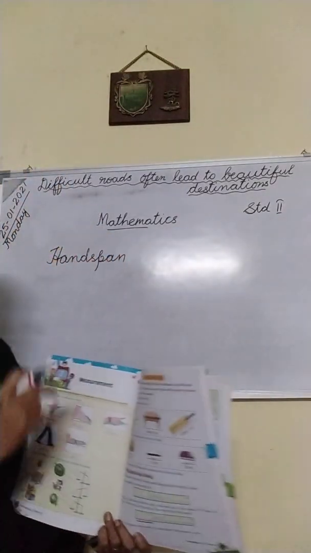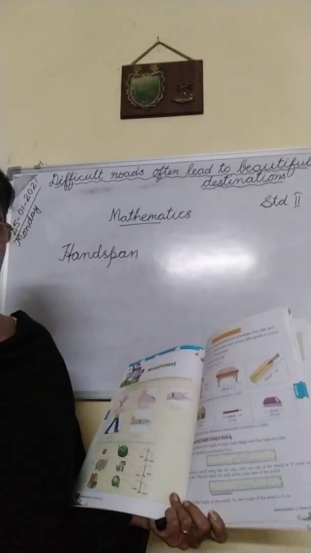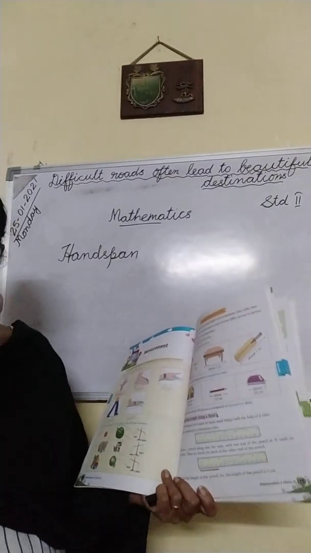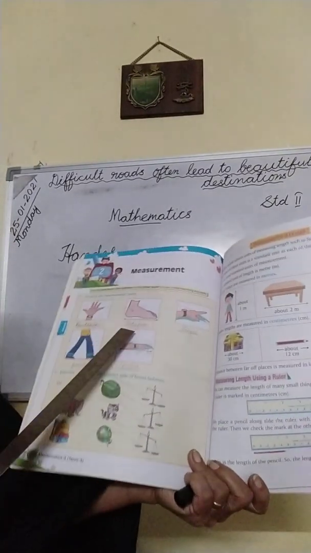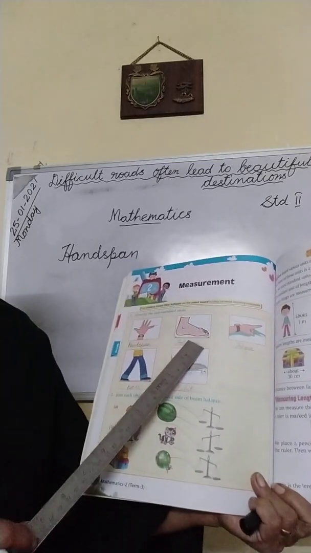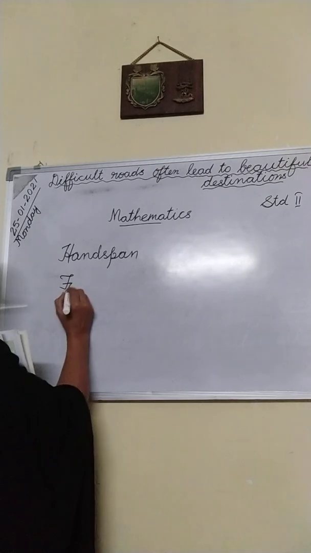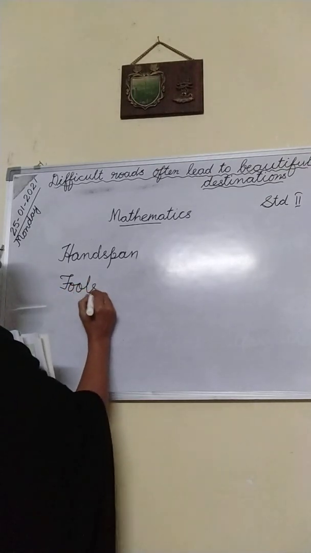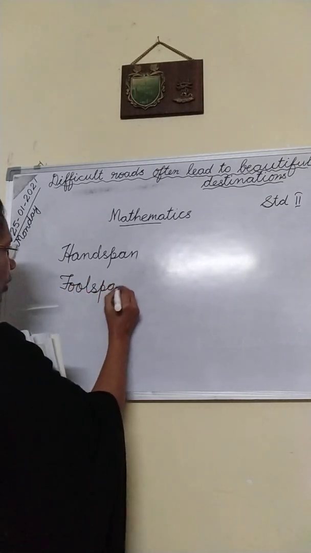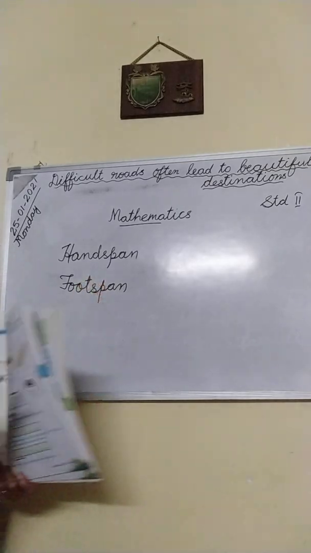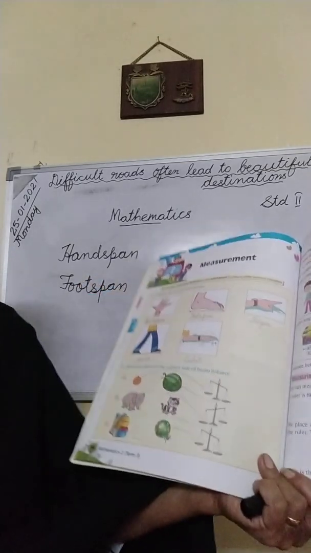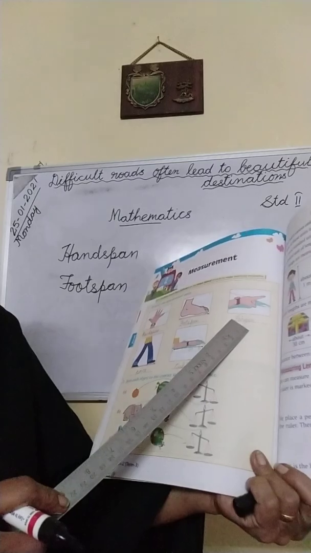Spelling is here. H-A-N-D-S-P-A-N. Now, what is the next one given here? Yes, this is the foot span. The next one is foot span. F-O-O-T-S-P-A-N is foot span.